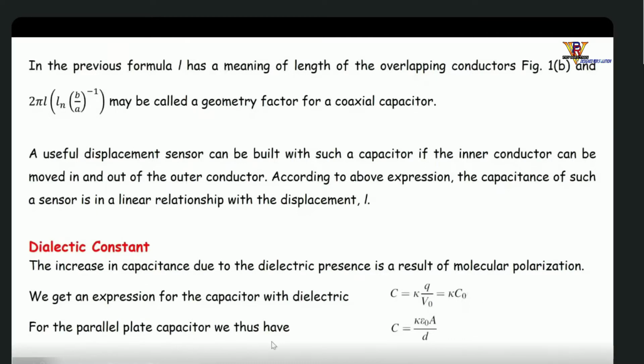For the parallel plate capacitor, we thus have C as epsilon naught K into A by D. What is C naught? C naught is just epsilon naught A by D. So C naught is the capacitance of the parallel plate capacitor when the dielectric between the plates is just epsilon naught. But if we have some other dielectric between these two parallel plates, the capacitance will differ by the term K. So now it is dielectric dependent.